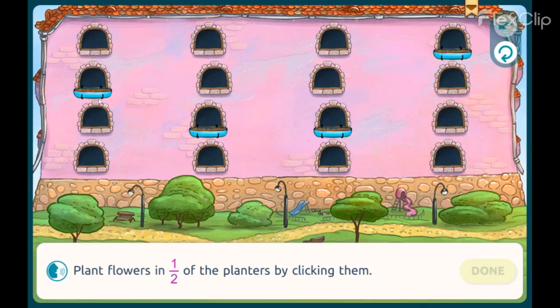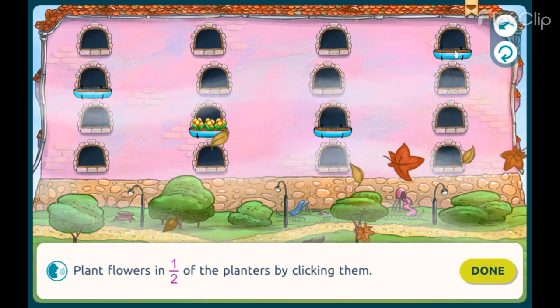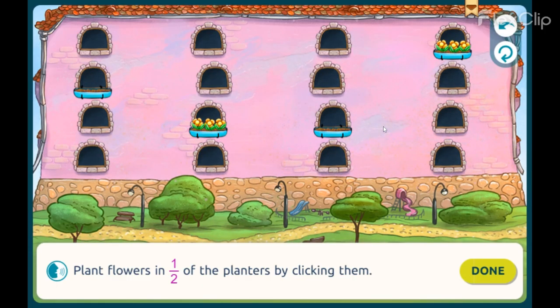Half means we split the total amount of planters available into half, which means we divide the total number of planters into 2, and we place randomly, right, 2 flowers. 2 planters need to be filled up with flowers.